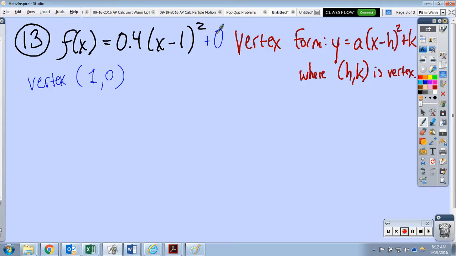Why is it not 1? Well, the x coordinate is 1, because that's the h. This is the h part. And then the k is the constant value that's off to itself. In math, we don't have to say plus 0 when we write something, so we can see that it's 0. If you want, you can technically write plus 0 off the end.